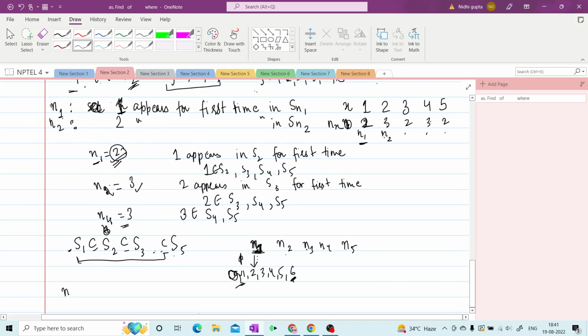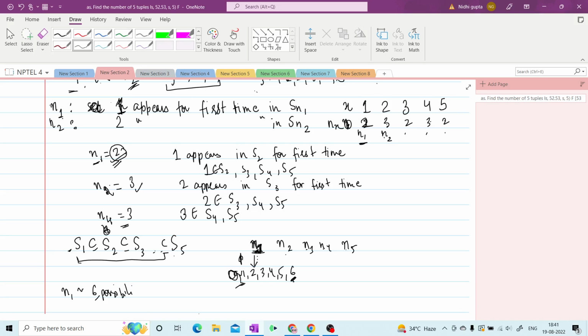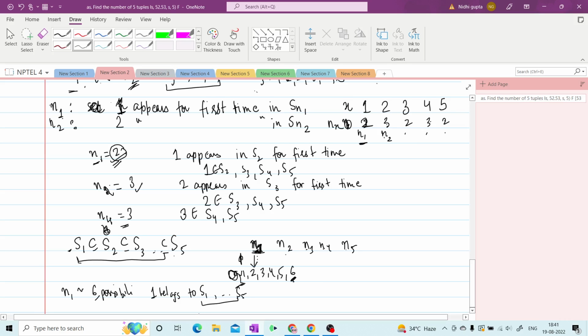So we see that n1 has 6 possibilities. And what are they? The first possibility is that one belongs to S1 till S5, that is, to all the Si's.